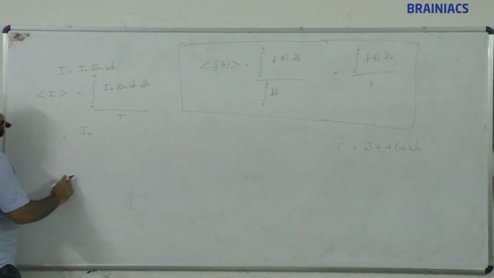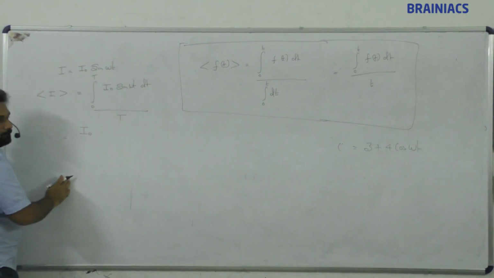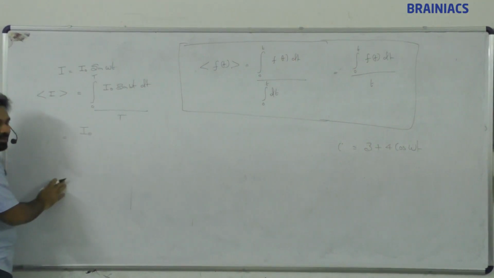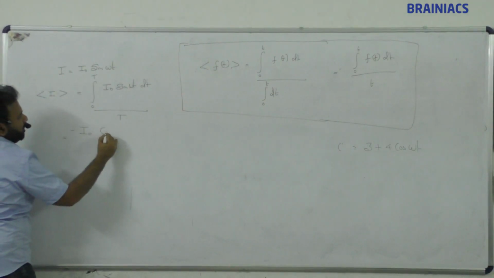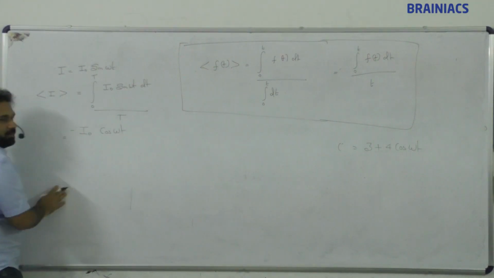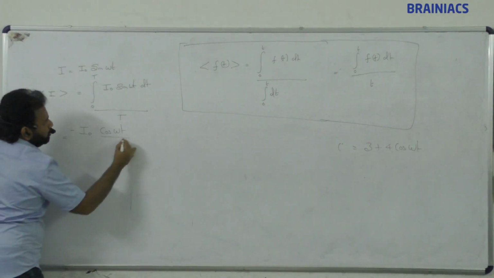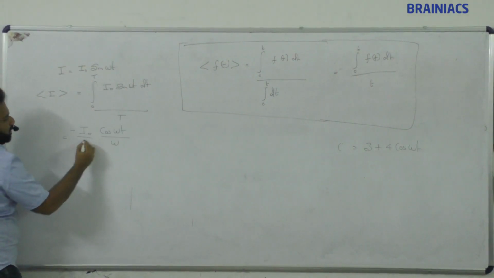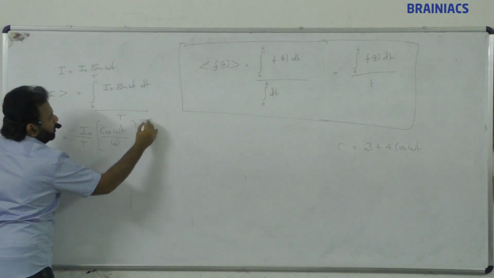What is the integration of sin omega t? It is minus cos omega t, divided by omega, and this T is also there, from 0 to T. Is it correct?